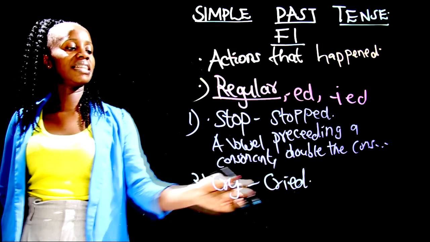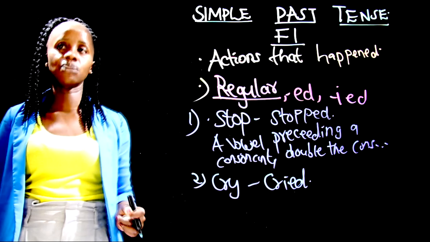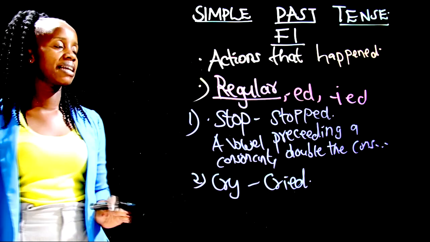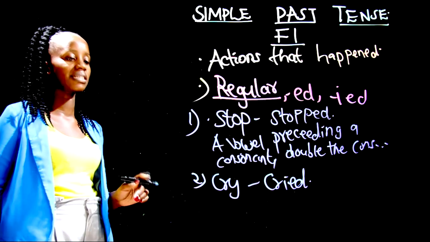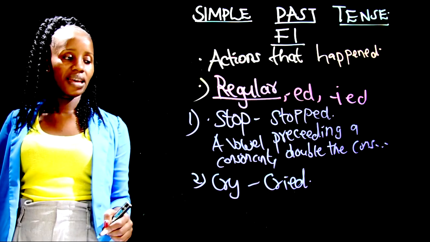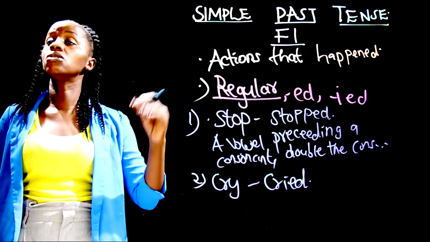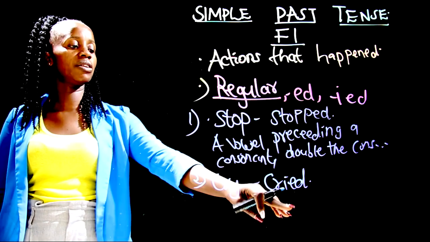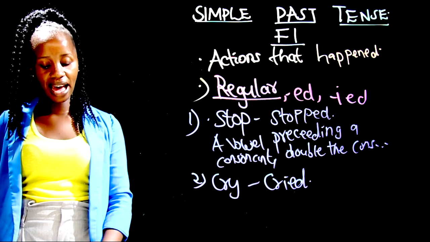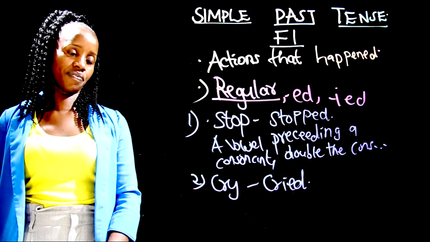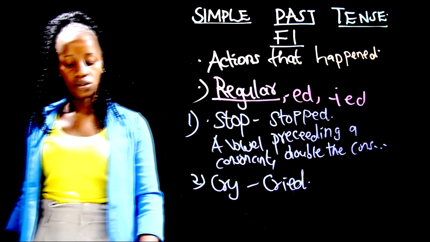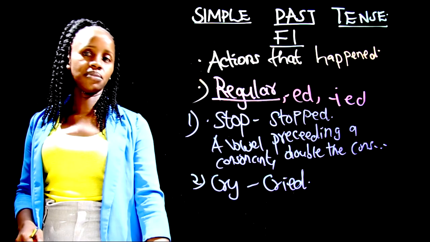We've added the ied, but what is missing? The Y is missing. So dear learner, when you're writing your simple past tense and the word ends with Y, don't just replace it, delete the Y, then you add the ied. So internalize this and let us go to irregular verbs.